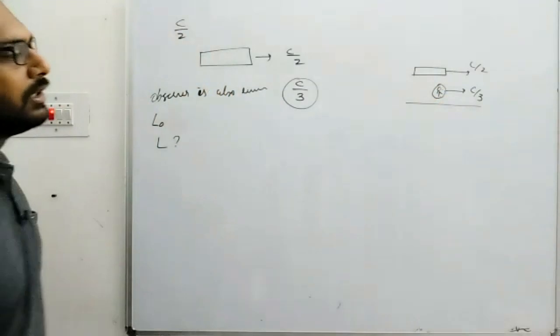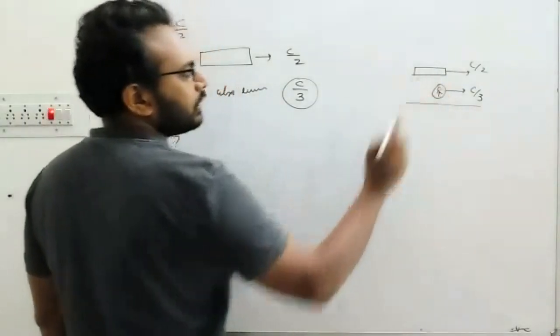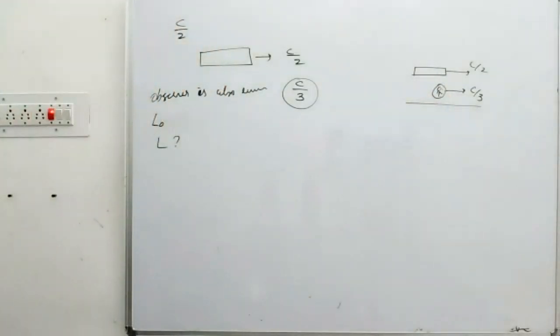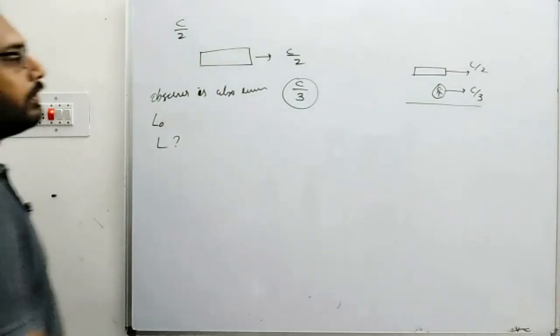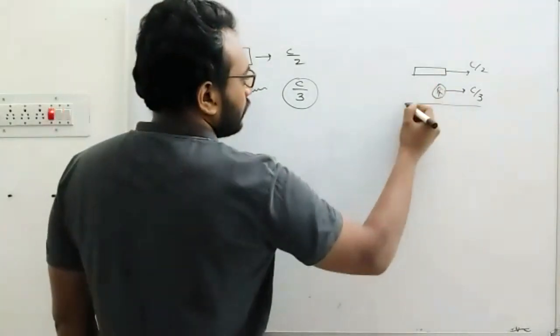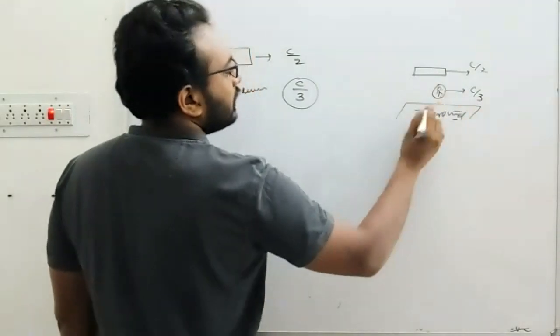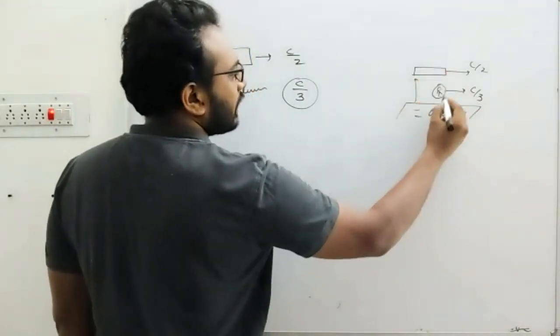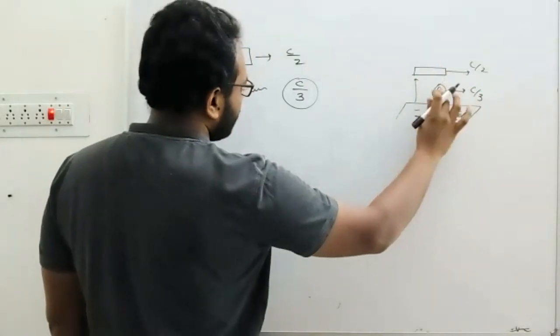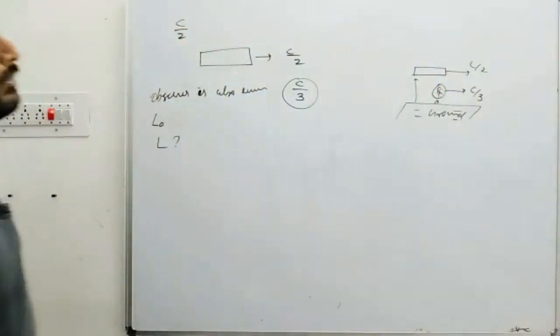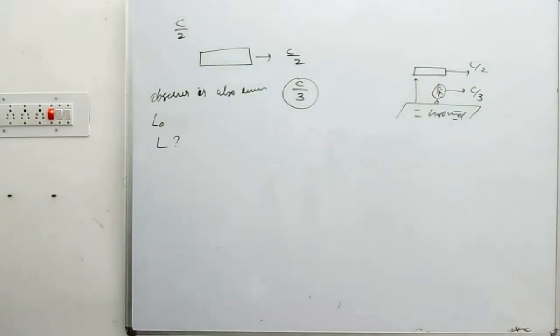We know the velocity of the rod with respect to ground is c by 2, and the person running in the same direction has speed c by 3. That's also known.